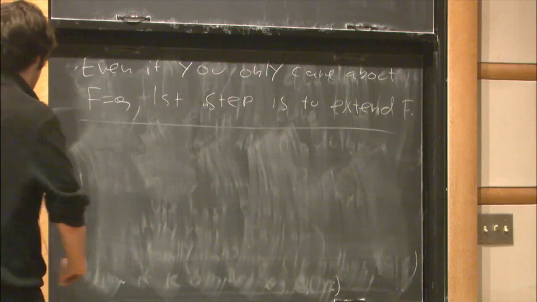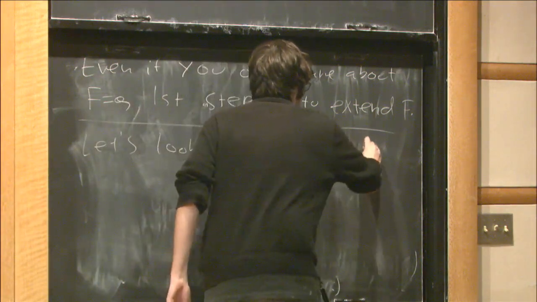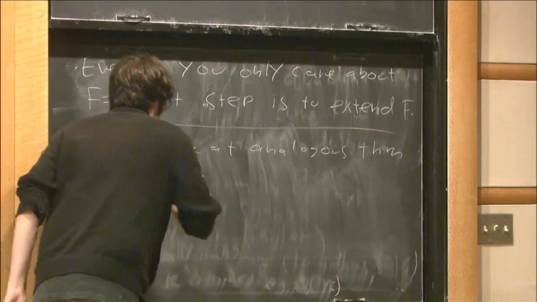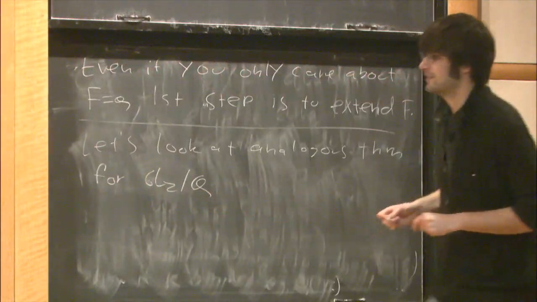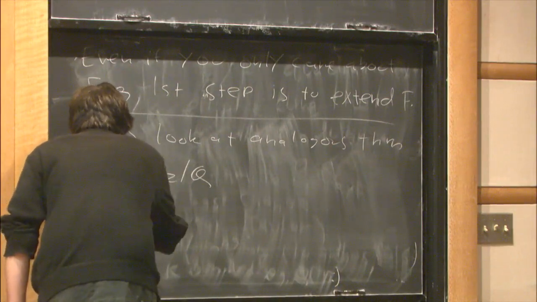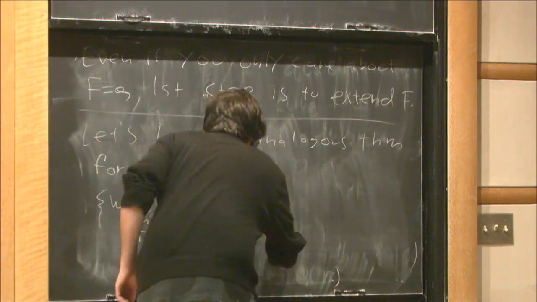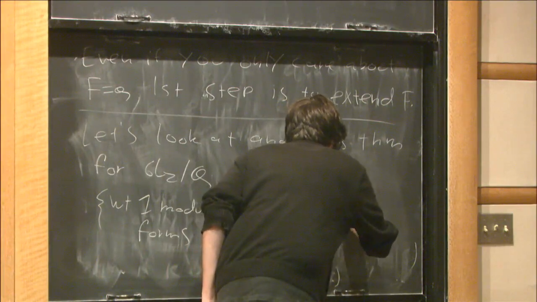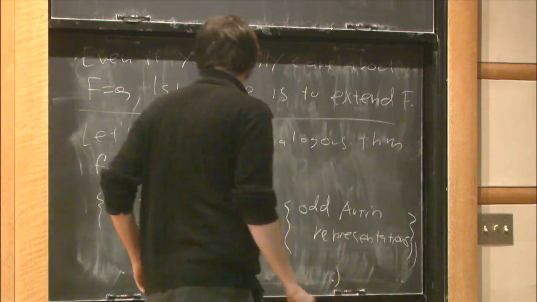What I want to consider now is the analogous theorem for GL2 over Q. The correct analog is not to look at weight 2 modular forms and elliptic curves, but to look at the correspondence between weight 1 modular forms and odd Artin representations.